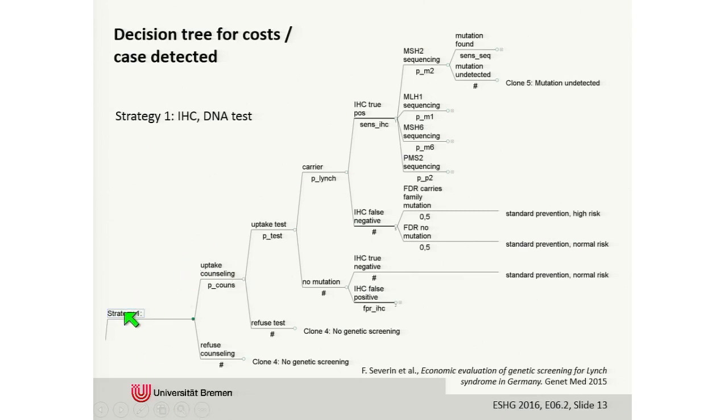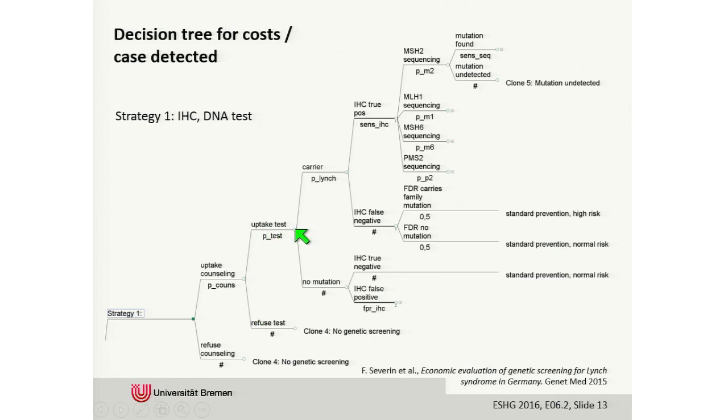Eventually, you have to look at all the different steps before. So first you approach the patient, you're doing a genetic test, so you should first offer counseling to him, and the patient may refuse counseling, but he or she may also take up counseling. Then after counseling, the patient may decide not to undergo the test or to do the test.